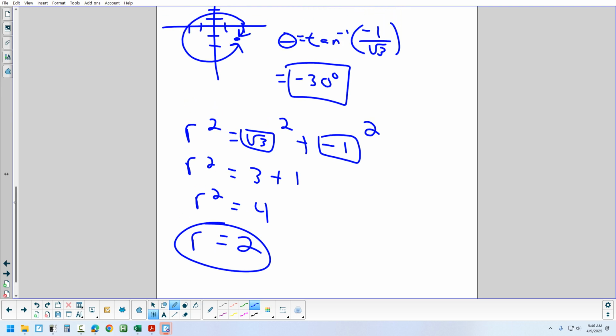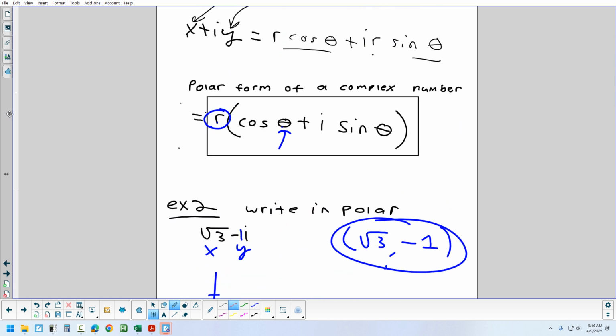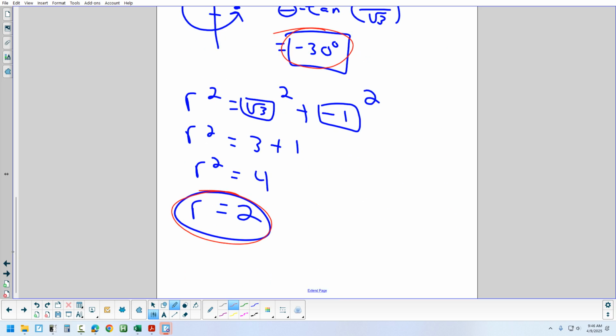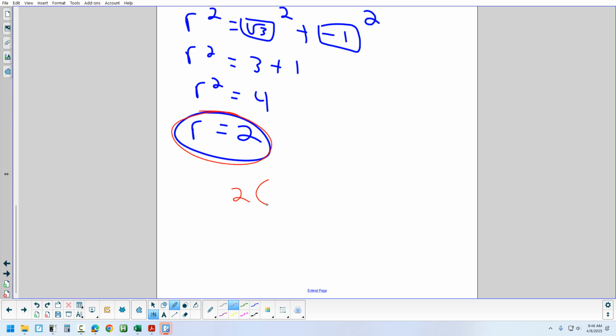Take this number circled in red, take that number circled in red, and plug them into this formula right there, and stop. That's all you do, you stop. So it's r cosine negative 30 plus i sine negative 30.